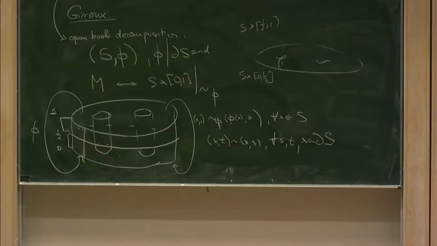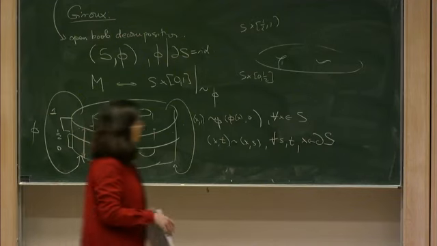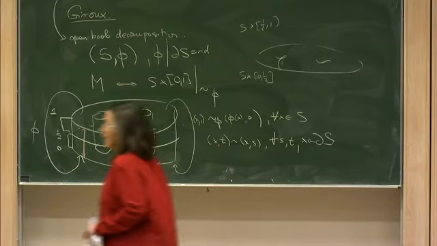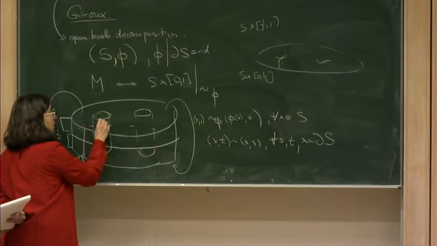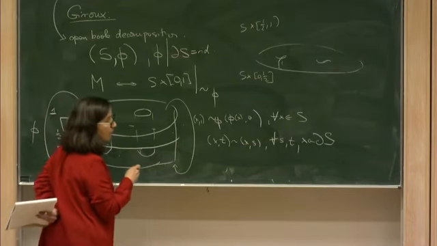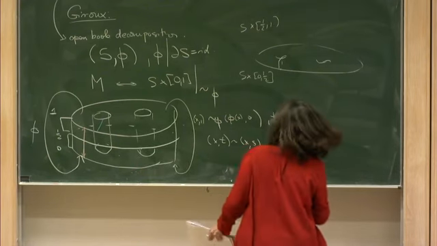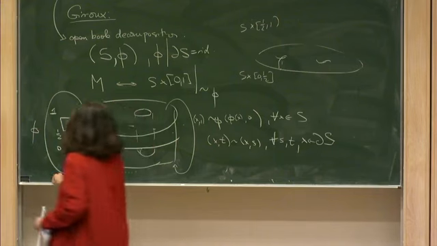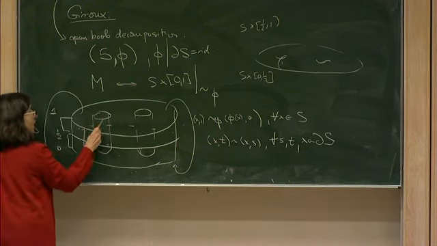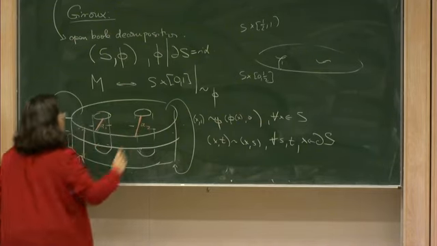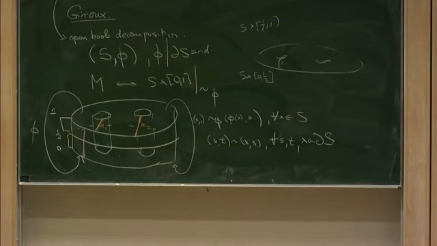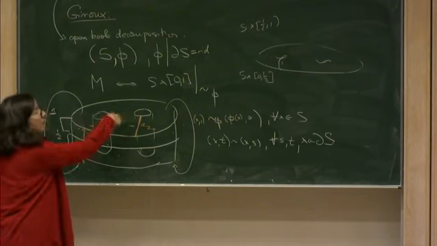Okay, so we want to talk about the compressing disks, and we see in this picture the compressing disks showing up in the obvious way. The way to do it is to choose a set of arcs, which I'm going to call A1, A2, that cut my surface into a disk.